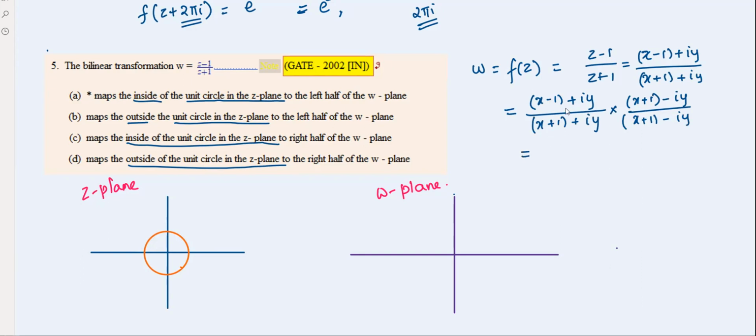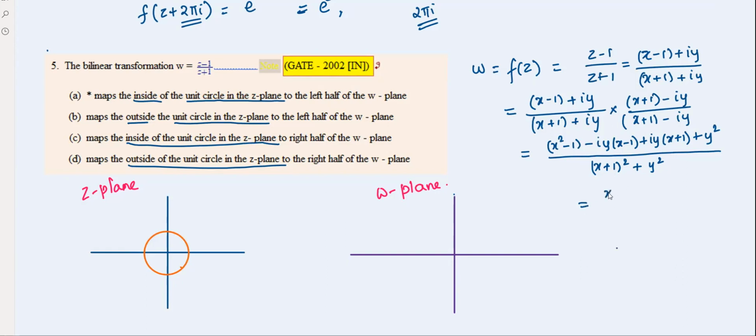Here we get x square minus 1. So denominator is positive anyway.